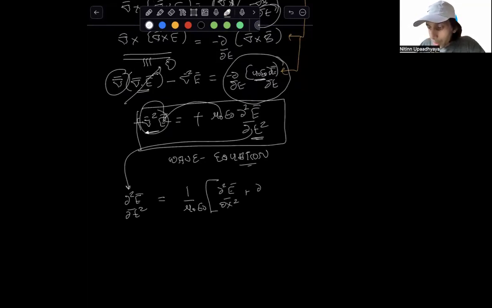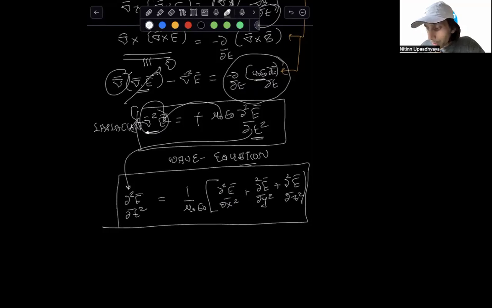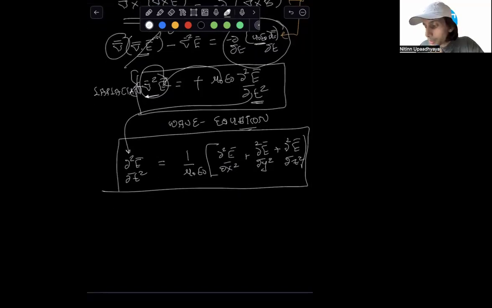Oh, by the way, you recognize that this is just the Laplacian. This is also one of the second derivatives we worked out in the last module. That's the Laplacian. So it's ∂²E/∂y² plus ∂²E/∂z². This is the full form of the wave equation, the electromagnetic wave equation that we have just discovered.